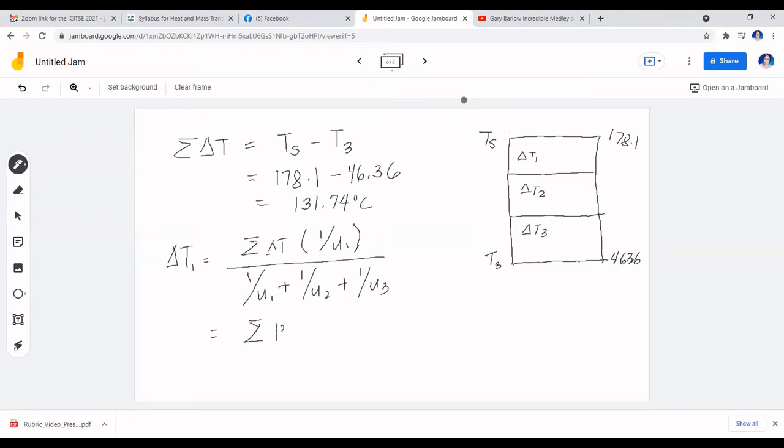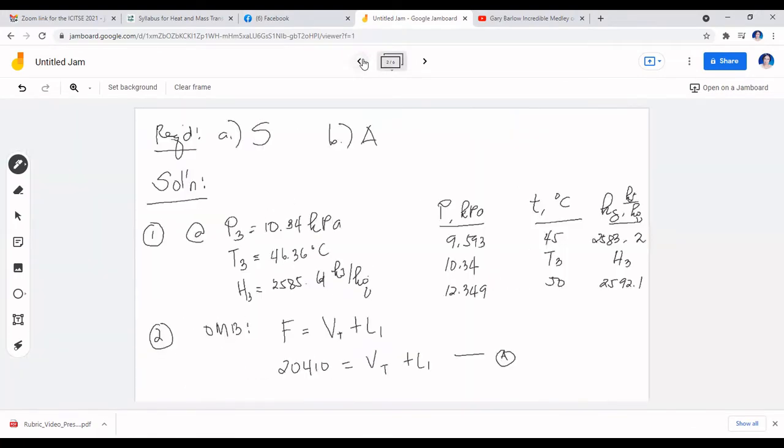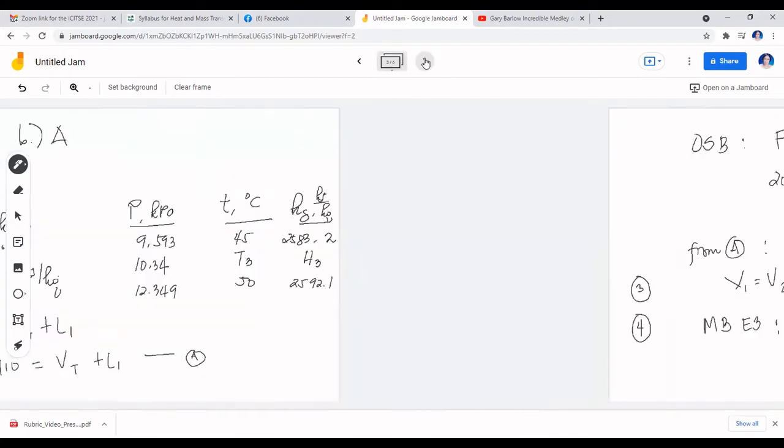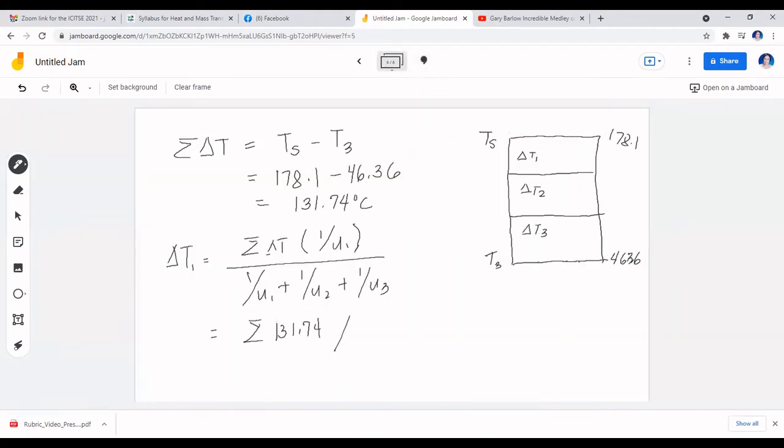So in here, you will have 131.74, and you will need to divide this by the U that is uniform for our system. In this case, it's 2,840. So you have here 1 over 2,840. We'll just multiply this by 3, because anyway they will be just the same. So you will have a value here for delta T1.